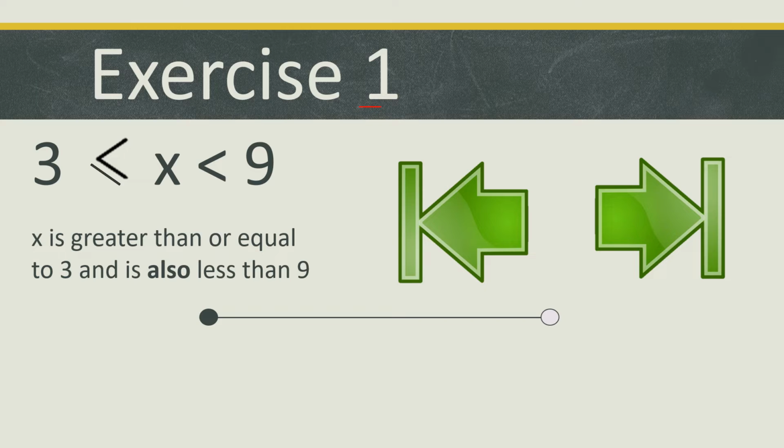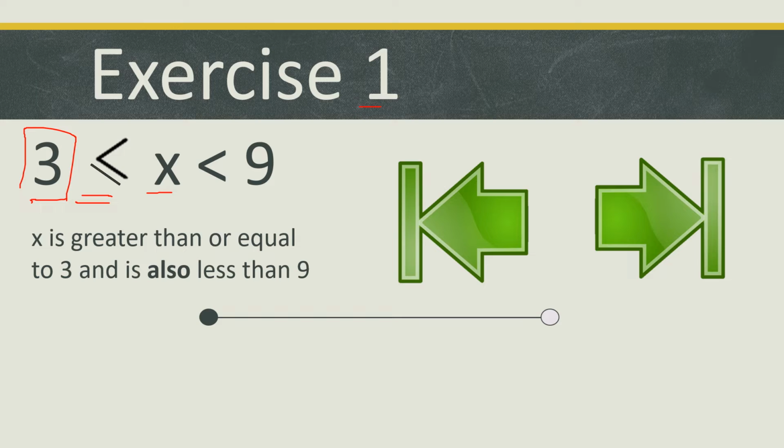Exercise 1. You can see this inequality here. 3 is less than or equal to x. So x is greater than or equal to 3. So the number 3 is included.